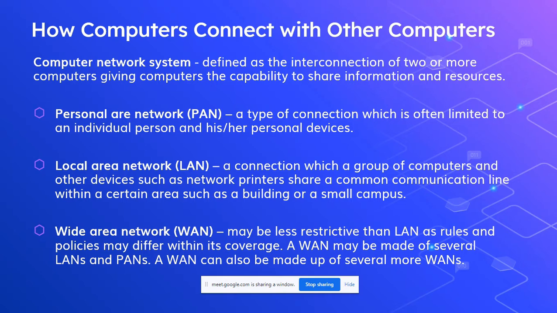So for example, we have your mobile device na nakakabit sa Bluetooth speaker or Bluetooth headset or hands-free headphones. So kumbaga limited lang sa isang tao, limited range lang ang kayang i-connect na devices ng personal area network.